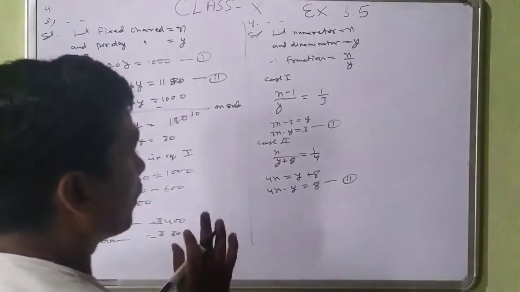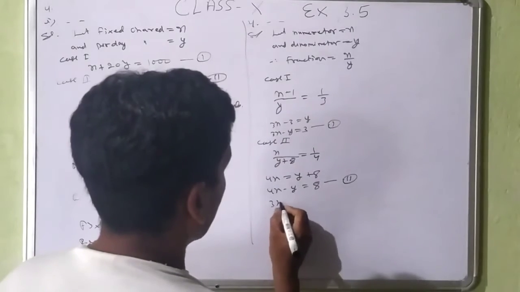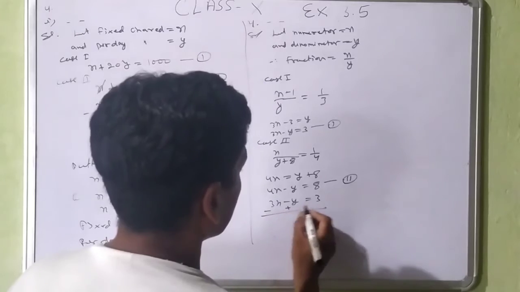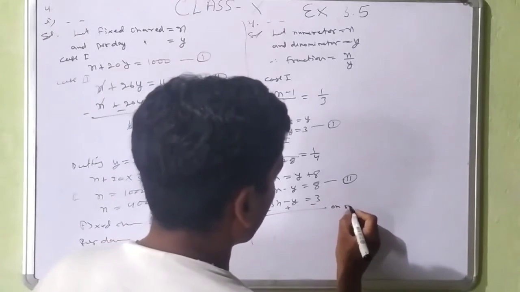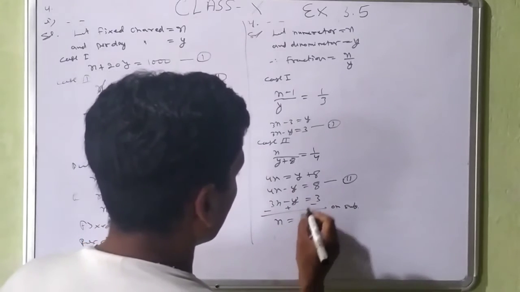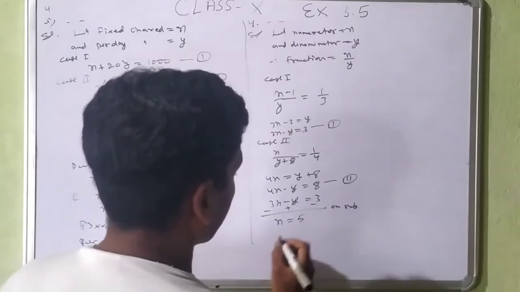Here the y terms are equal. So 3x minus y is equal to 3. Change the sign and subtract; the y terms cancel. So x is equal to 8 minus 3, which is 5.